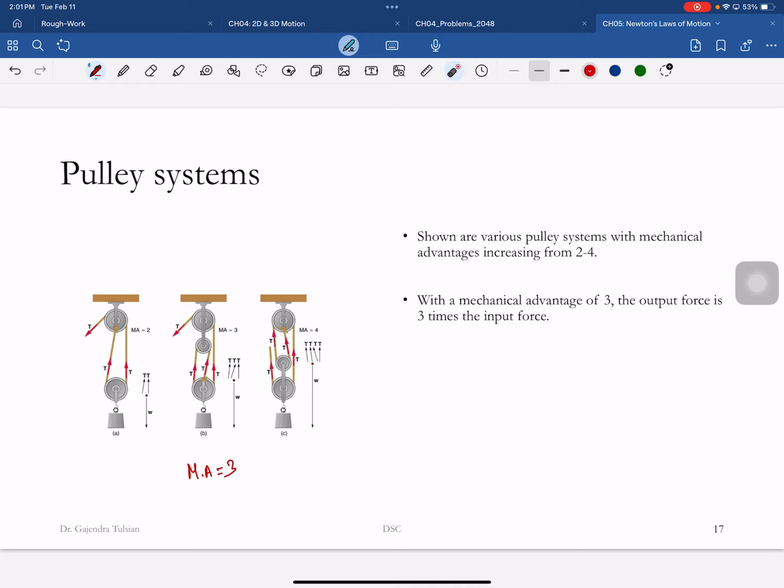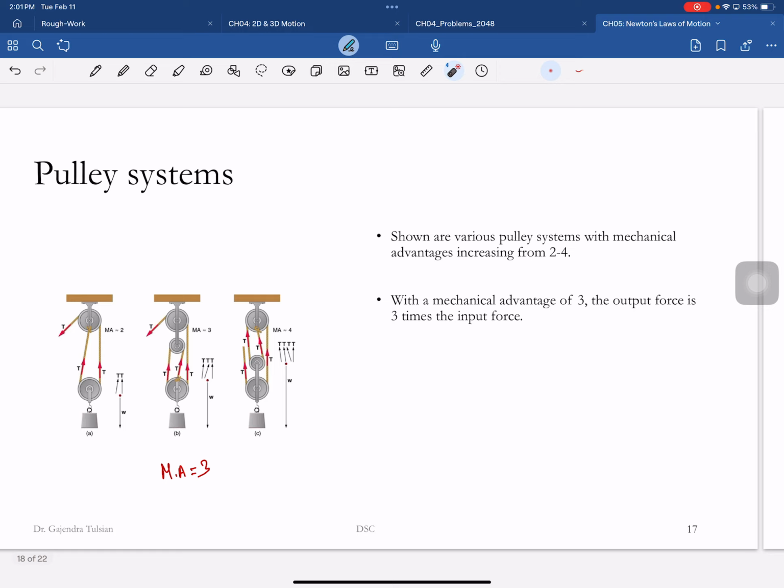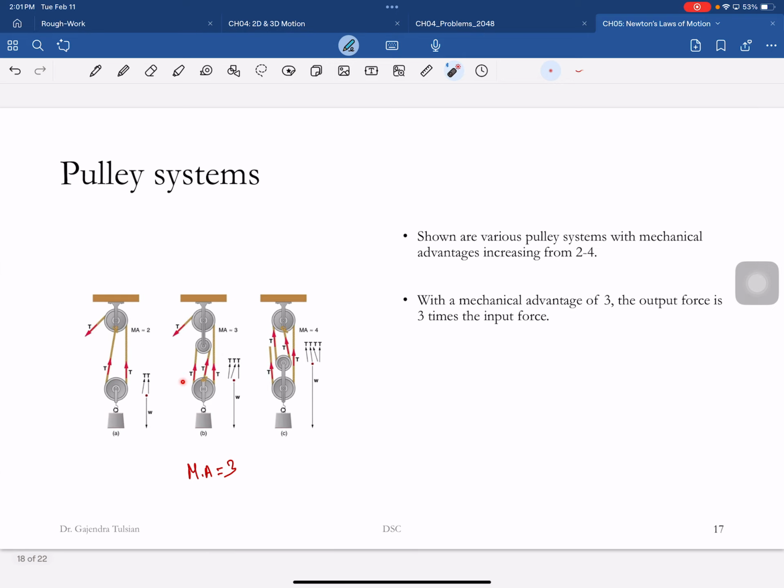So to lift this object 1 foot, you have to pull down on the string 3 feet. This one, how many strings going up? 1, 2, 3, 4. This has a mechanical advantage of 4. So you can lift a 100-pound object with a force of 25 pounds.